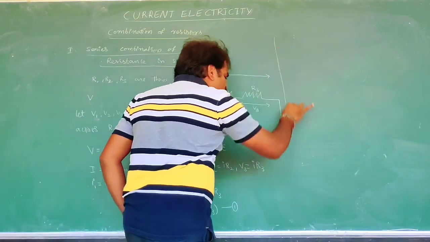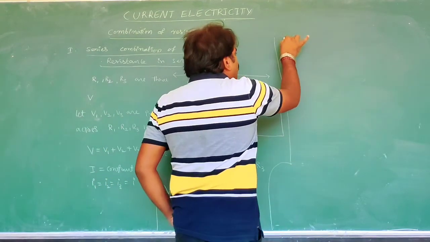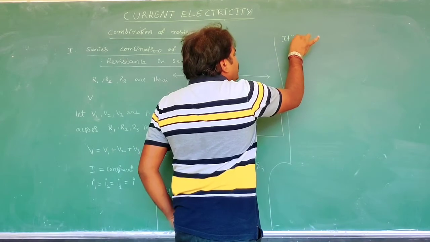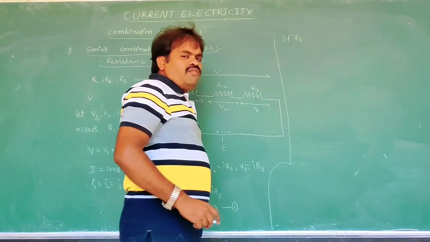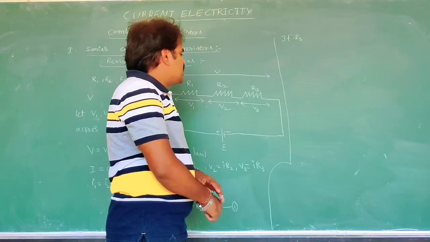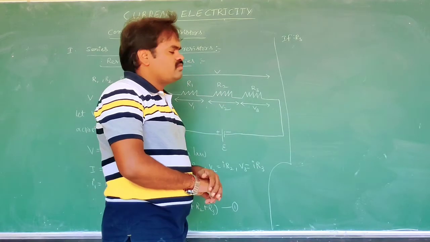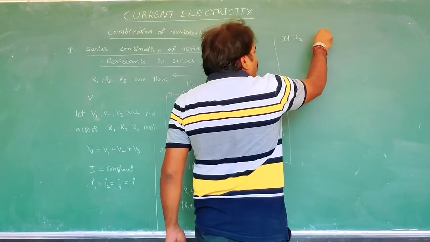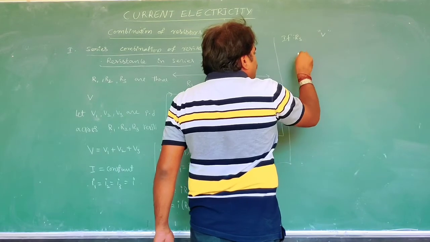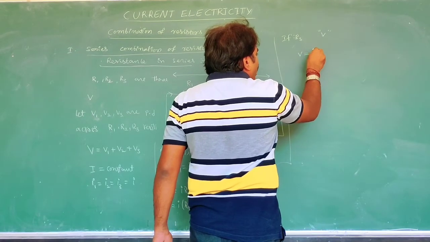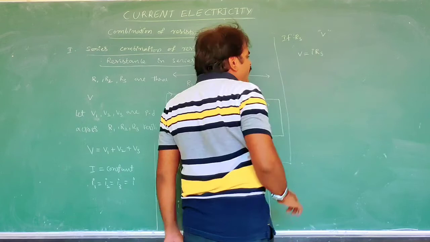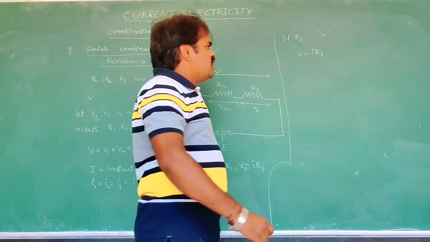If Rs is the equivalent resistance in the series combination, and the applied potential is V, then V is equal to IRs, as shown in the figure.